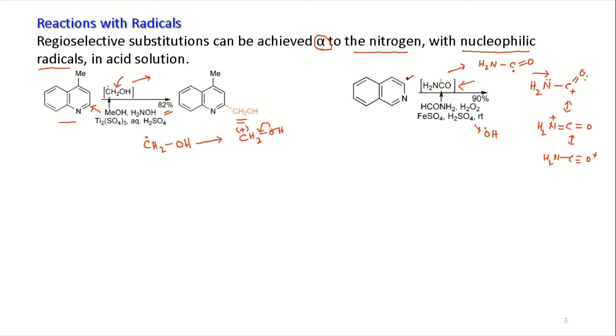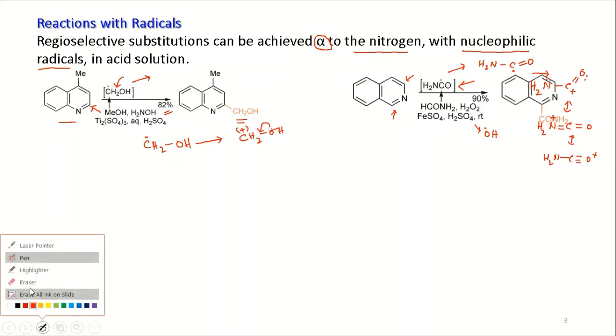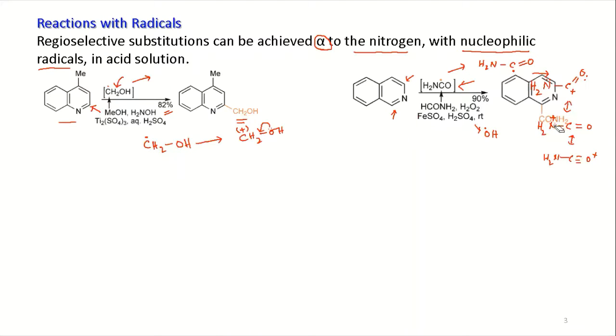We have the two alpha positions, but as I told you, it will prefer to react at this benzylic center. So you have the benzylic position CONH2. For my amidation reaction you are doing, the colors are not visible maybe, so let me rub it out.